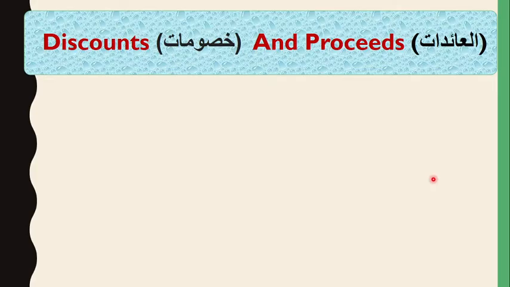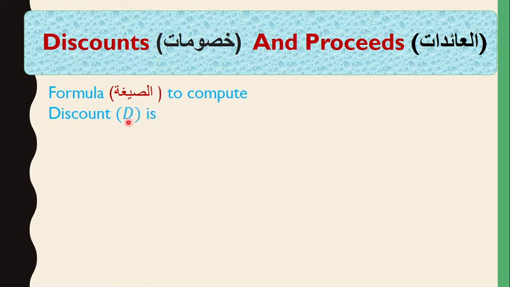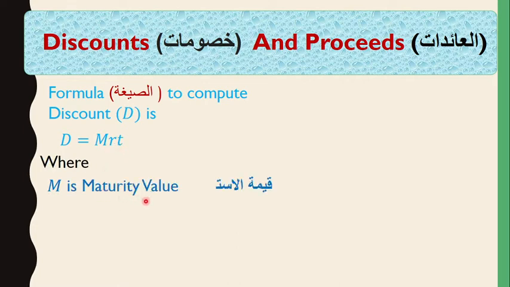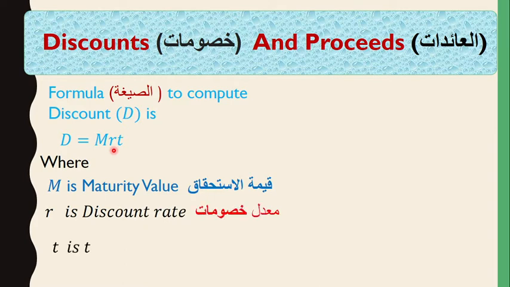Let me learn the rules, formulas to compute discount and proceeds. Formula to compute discount D is D equals M R T, where M is the maturity value, R is the discount rate, and T is the time, the duration of the loan, in years.